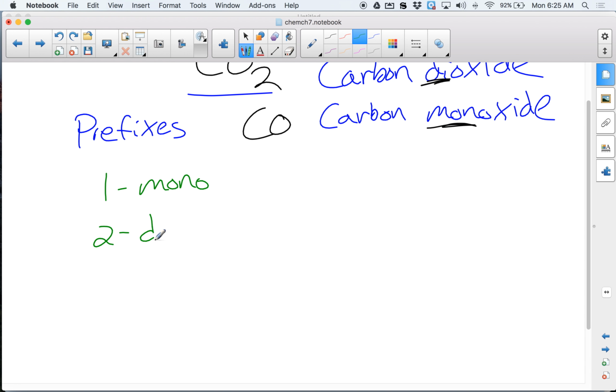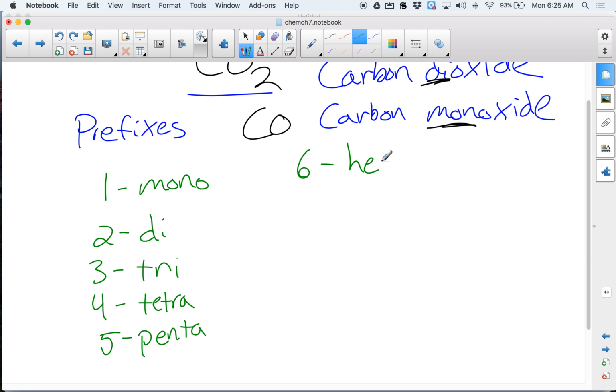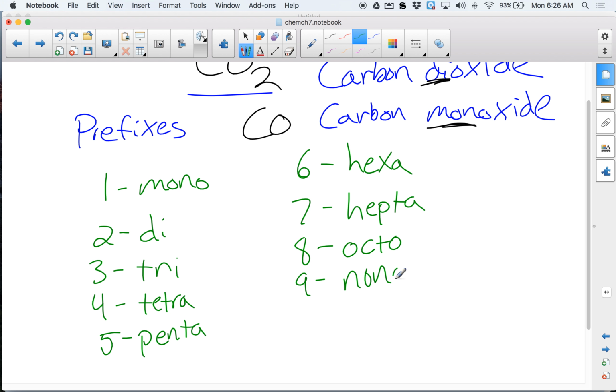The prefix for 2 is di. 3 is tri. 4 is tetra. 5 is penta. 6 is hexa. 7 is hepta. 8, octo. 9, nona. And 10 is deca.